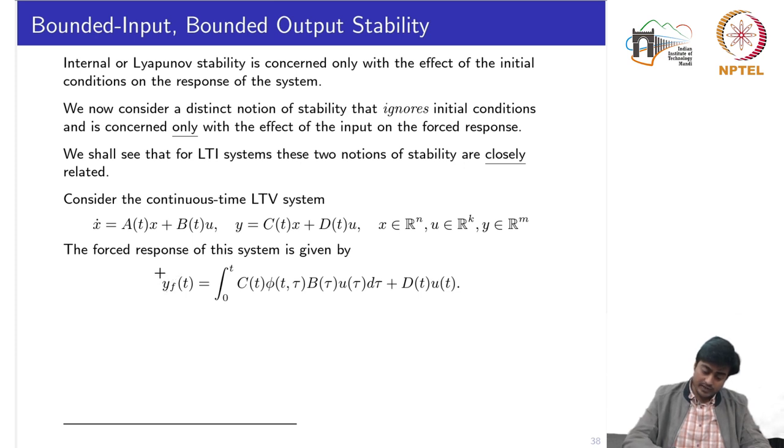Here we have specified Y with the subscript F, which denotes the forced response, and we also know that the total response of the system Y has one component from the homogeneous part and another from the forced response. The homogeneous component is because of the initial condition x naught, and the forced component is because of the external input U. Now we will see the definition of stability when the initial condition is equal to 0, meaning we won't see the homogeneous response. We will only be concerned with the forced response.